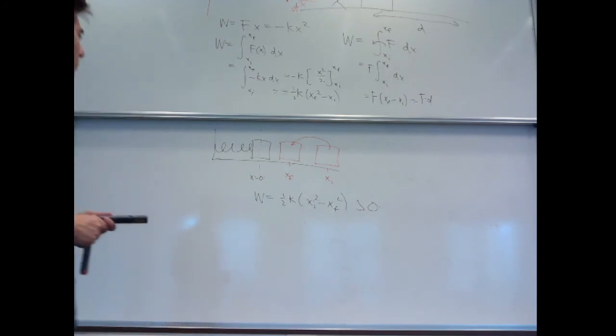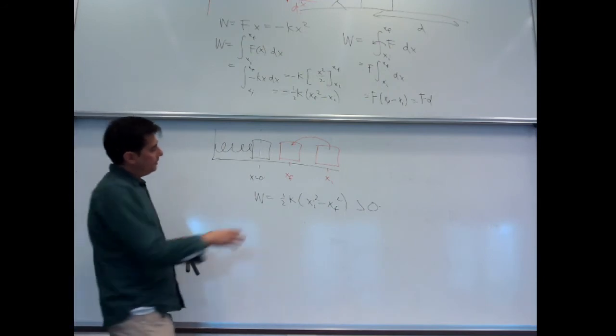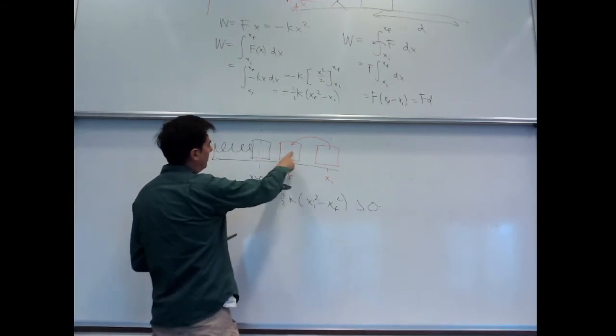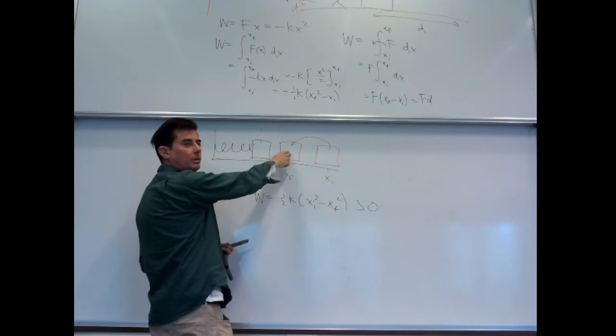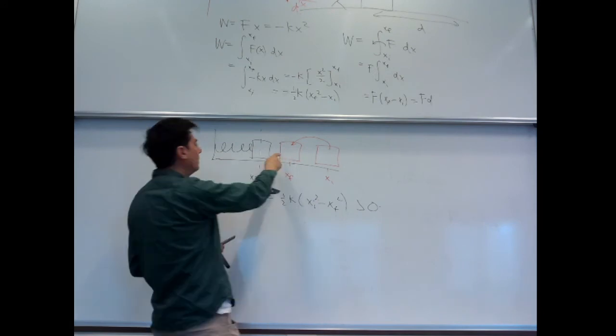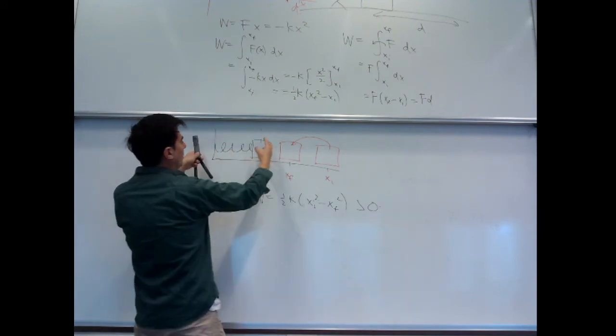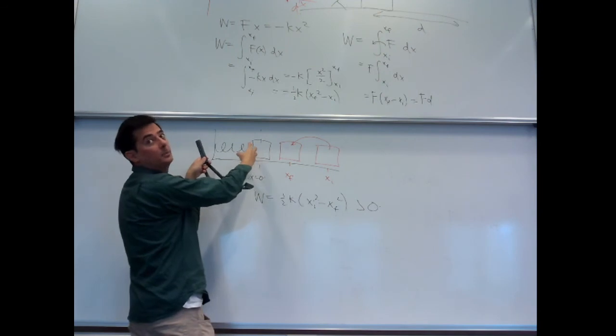Now let's look at it more from a physics perspective. In this situation, this is the equilibrium position. Which way is the spring force at this position? You've got this spring here, and this is the relaxed position, right?